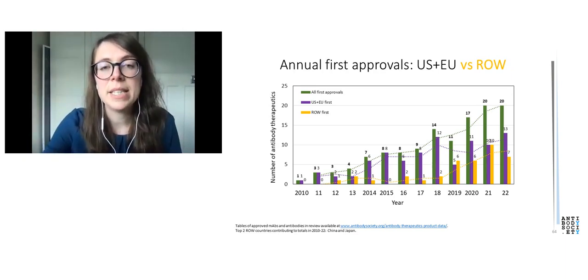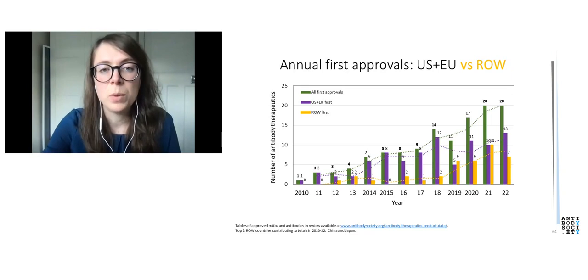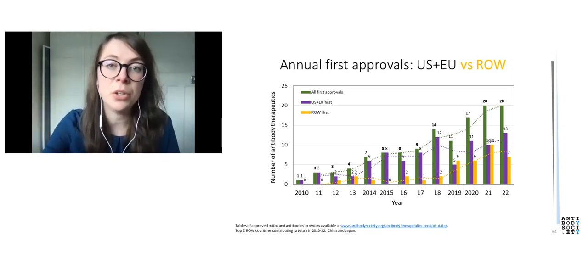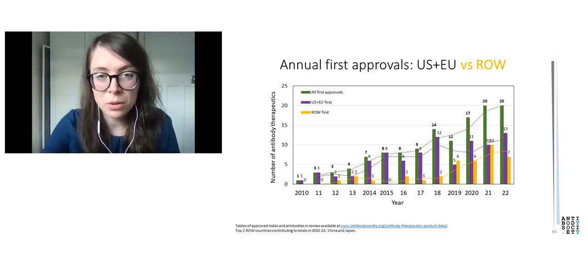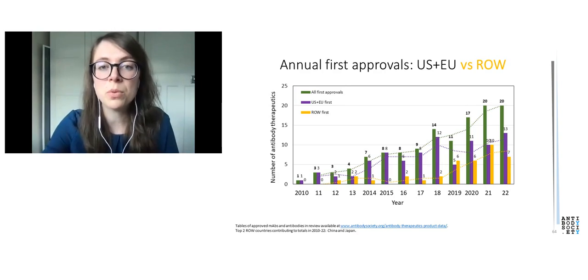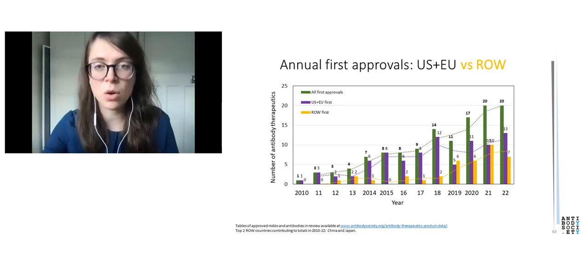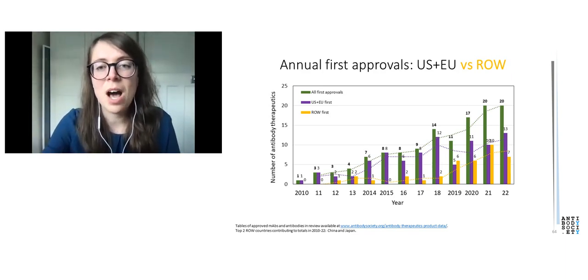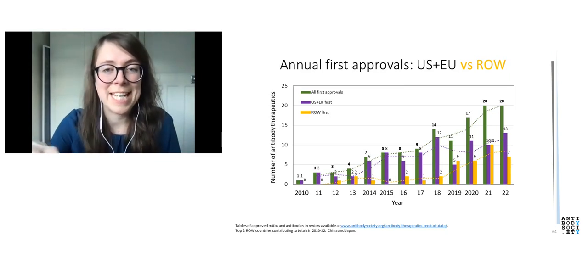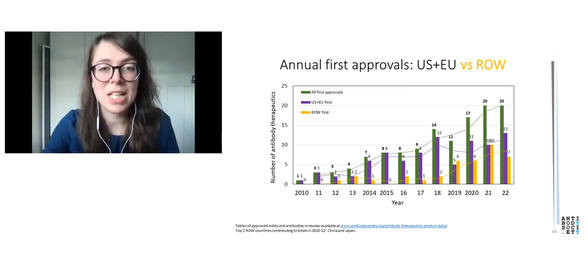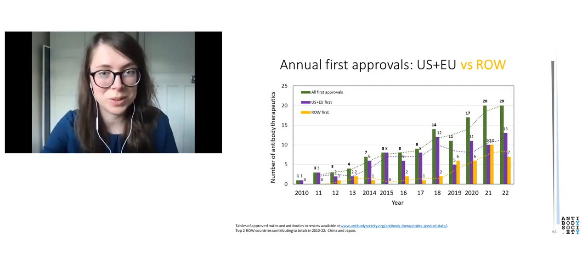If you look at the purple line, which refers to approvals which happened in the US and EU first, and the yellow line, which refers to approvals which happened outside of the US and EU, so in the rest of the world first, it's very interesting to see how since 2019 we start to see an increase of first approvals in the rest of the world.